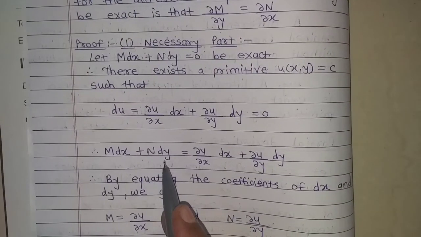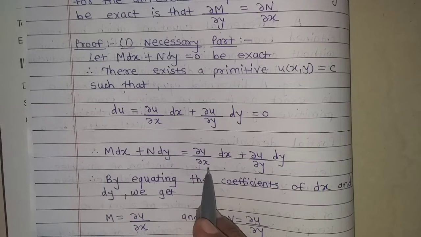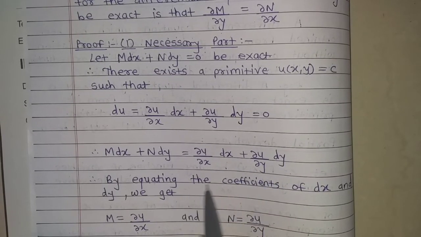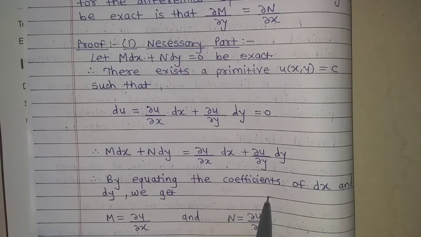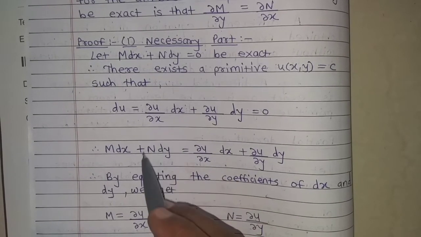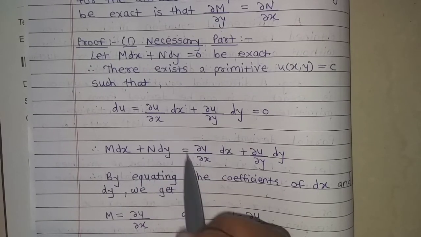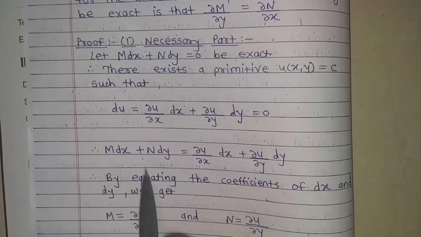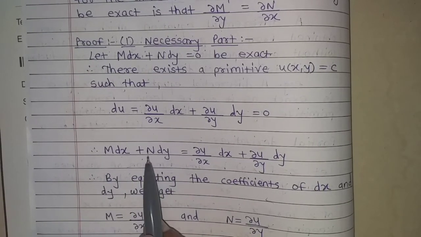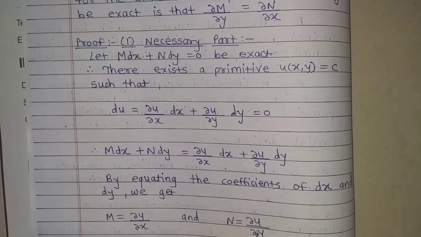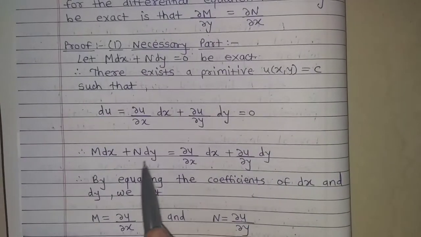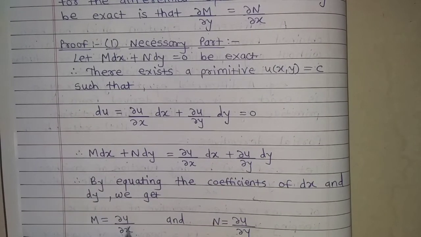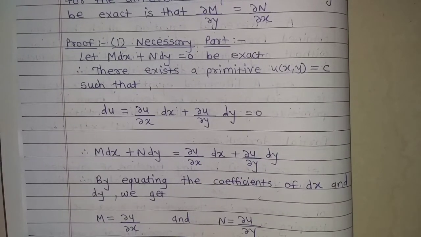Hence, m dx plus n dy equal to del u by del x dx plus del u by del y dy. By equating the coefficients of dx and dy on LHS and RHS, we get m equal to del u by del x and n equal to del u by del y.